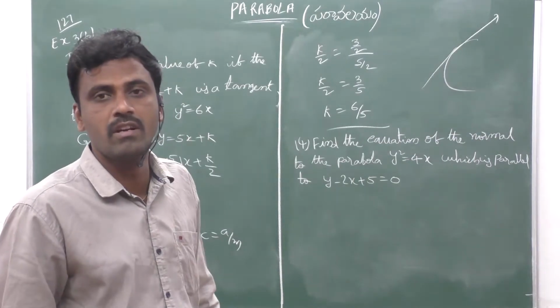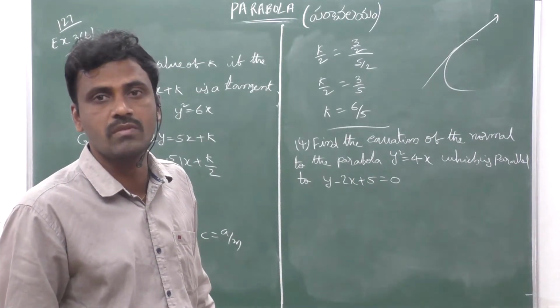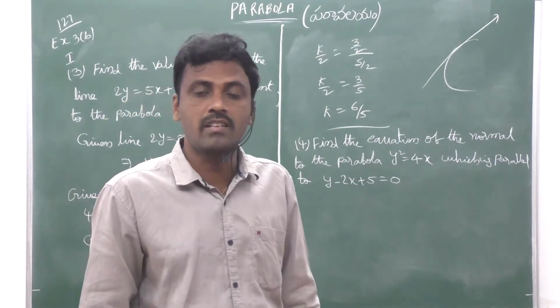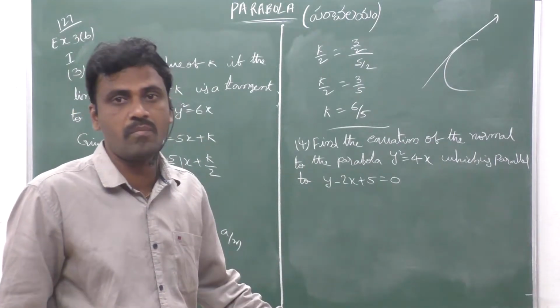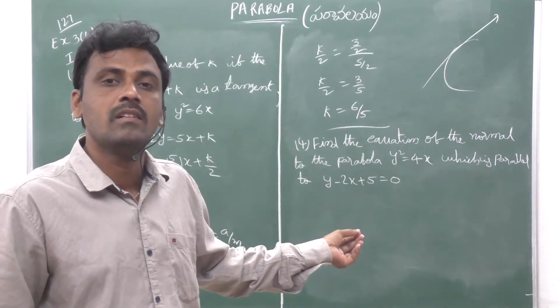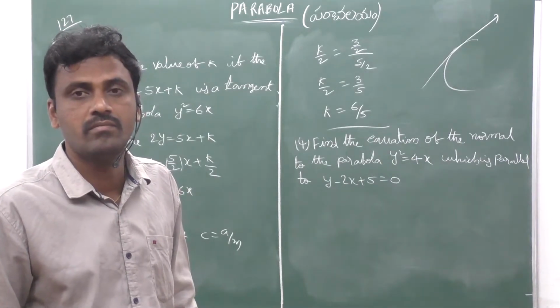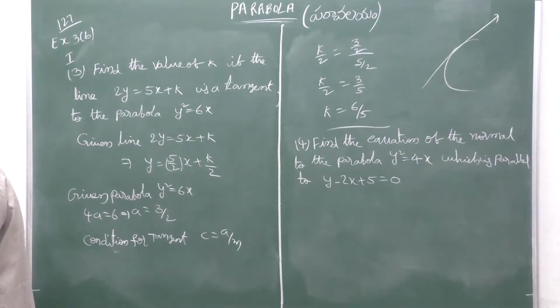Passing through (x1, y1), the normal is y minus y1 equal to minus y1 by 2a into x minus x1. Next, parametric form: at (at square, 2at), the normal equation is y plus xt equal to 2at plus at cube. Next, the normal equation in slope form is y equal to mx minus 2am minus am cube.